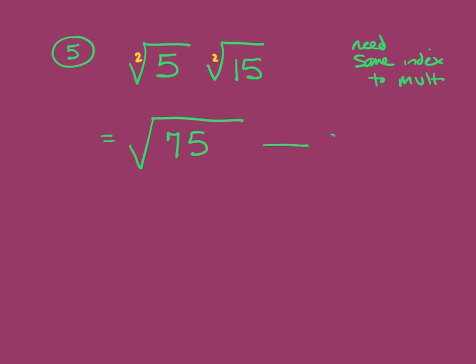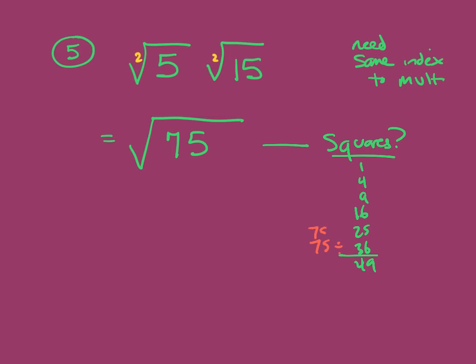And then if we want to simplify this, we're going to look for squares. So 1 squared, 2 squared, 3 squared, 4 squared, 5 squared, 6 squared, 7 squared. Just have to go to about half of 75, so roughly around 36. So take 75 divided by that.